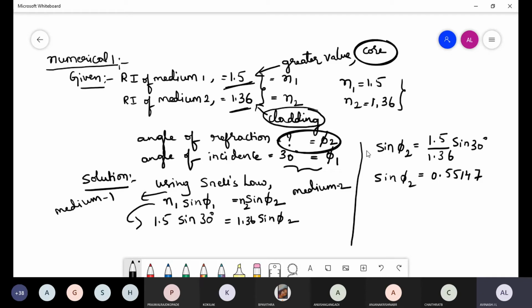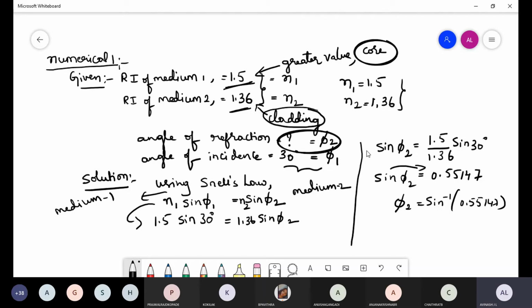You can limit it to 4 decimal points, it's fine. I have taken 5 here. Obviously, if it shifts this side, sine becomes sine inverse. So phi 2 equals sine inverse of this particular value, 0.55147.